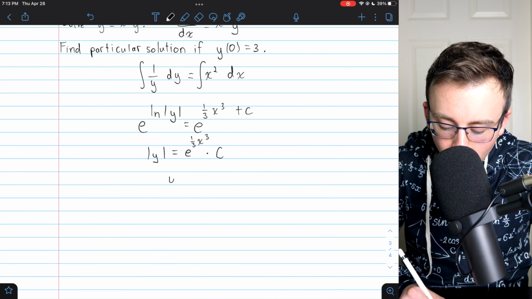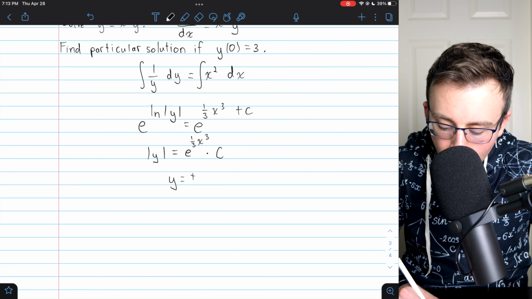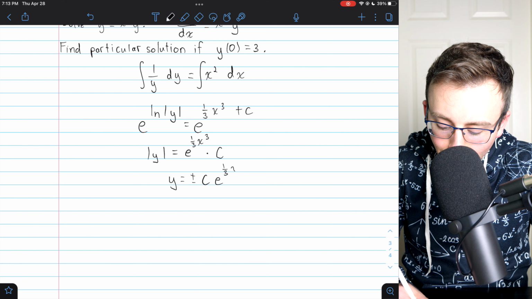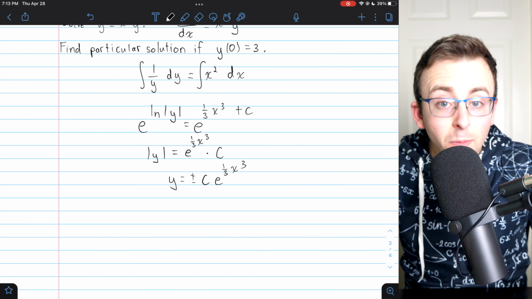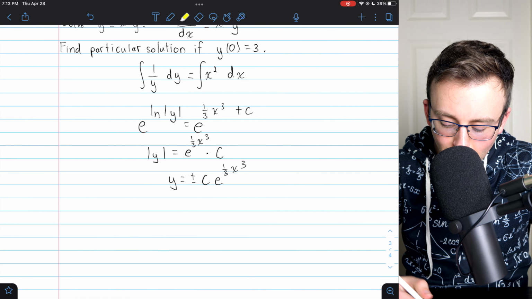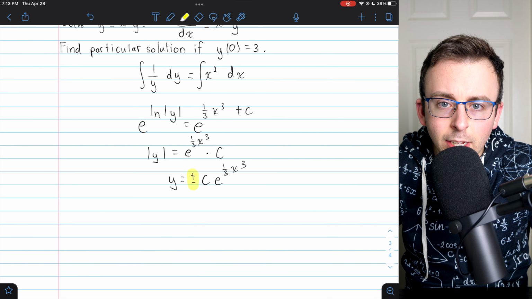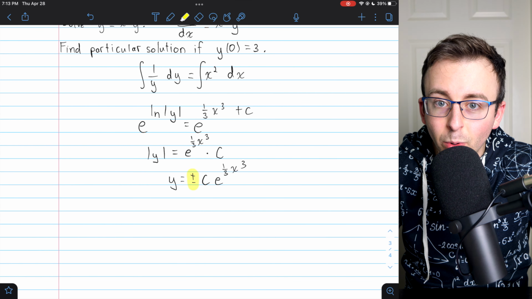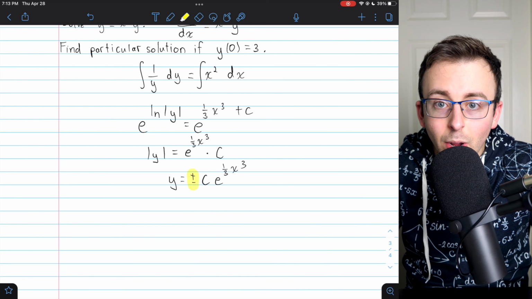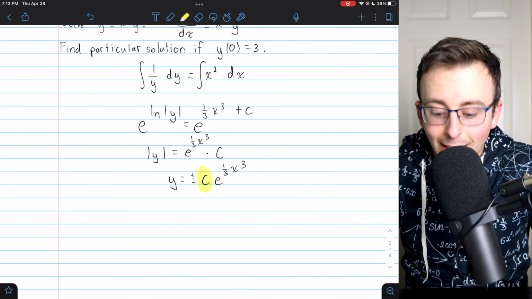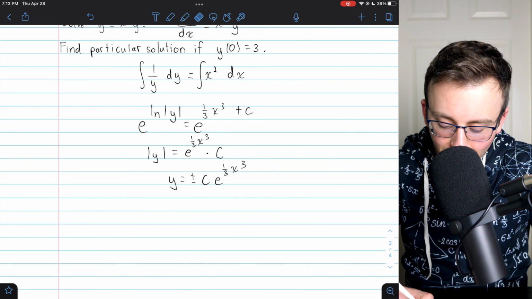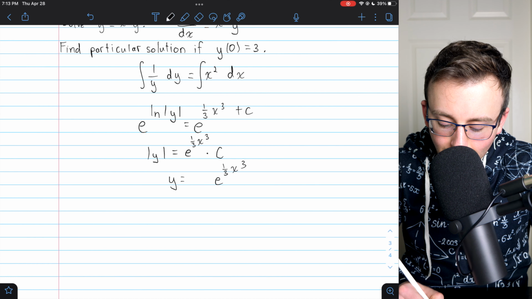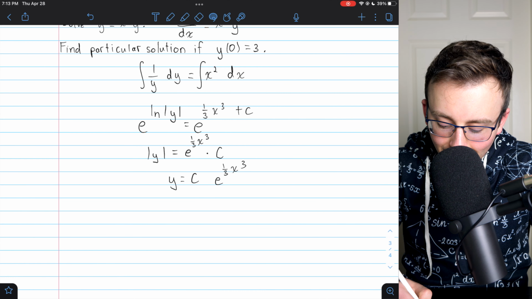So we have that y must equal plus or minus c times e to the 1/3 x cubed. But again, we can combine constants because plus or minus just means we have a factor of +1 or -1. Either way, we can just combine that with our factor of c, and again, just say this is some constant, and we're just going to call it c.